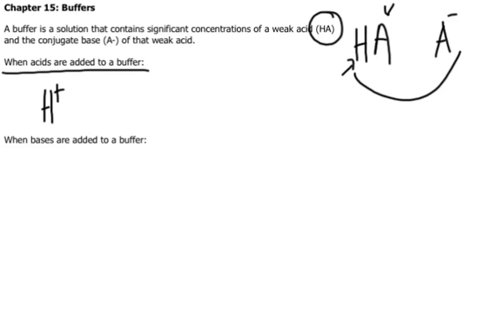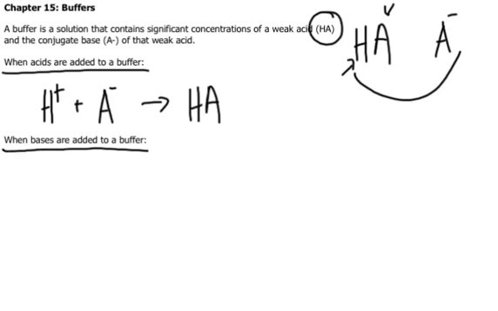It gets rid of it by reacting it with the base that is present, the A minus that is already present. So when you react these two things, you end up with HA. So the H plus is no longer free to cause any damage. It's been neutralized.